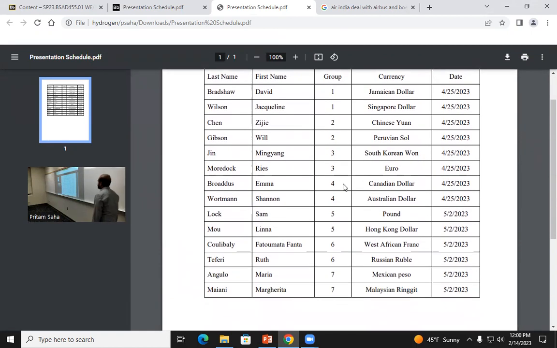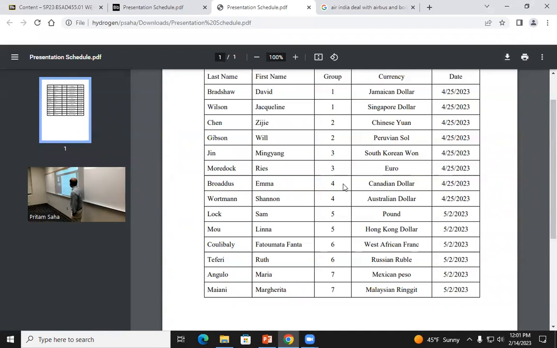You should have the group number, the currency you're covering, and the date when you present it, okay? Let me know if you find any typos or any problem with that.